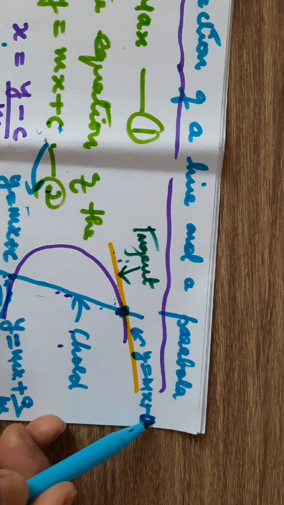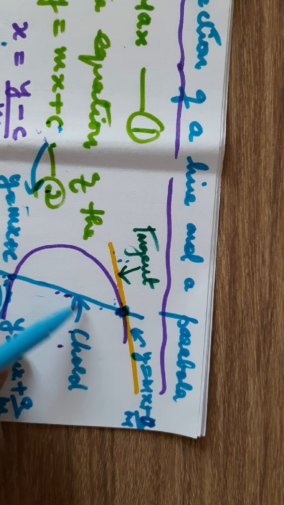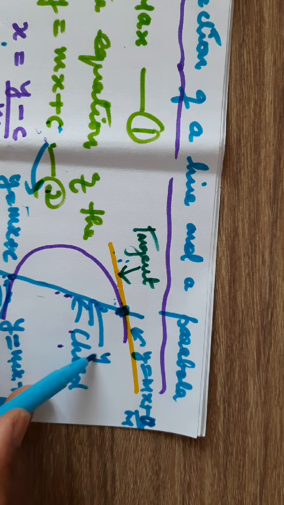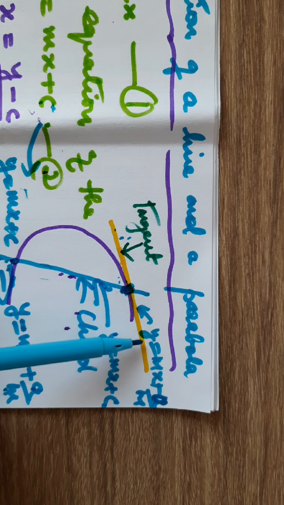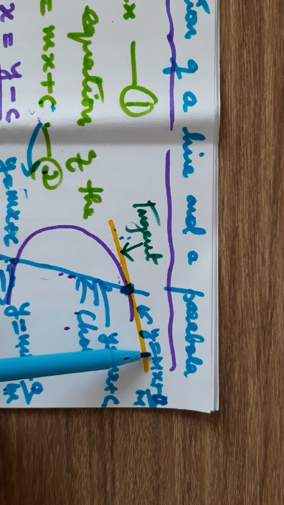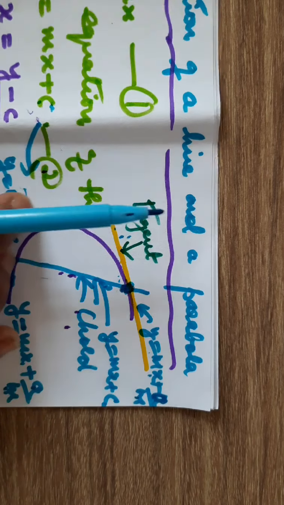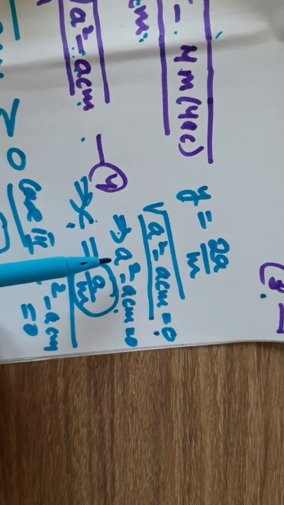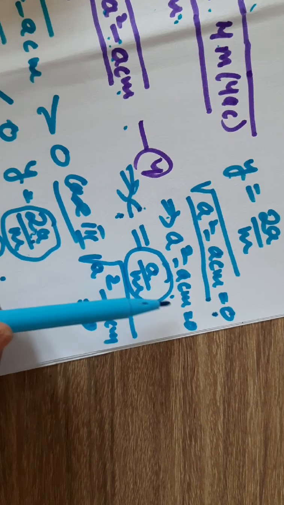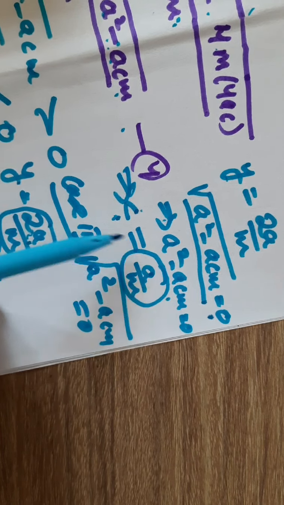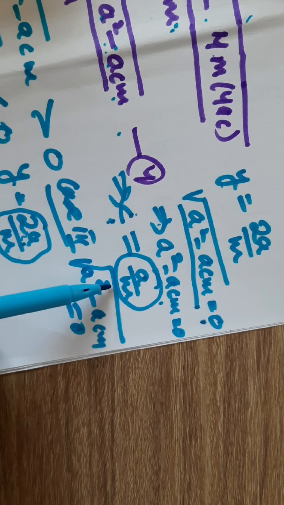So here you can replace it with a by m, and for just a chord it will be y is equal to mx plus c. Okay, so the equation of the tangent will be given by y is equal to mx plus a by m, where c has been calculated from that condition that the square root of a square minus acm is equal to 0, where on simplifying this we are getting c is equal to a by m.